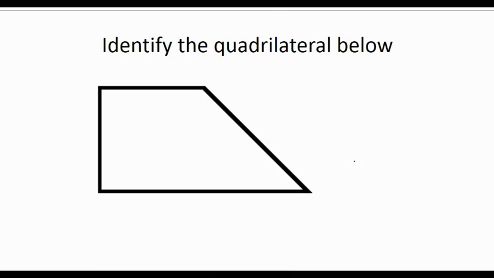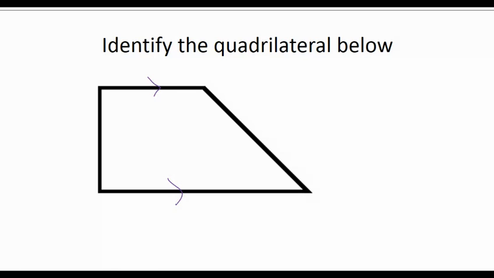All right, so let's put this knowledge to use. We're being asked to identify the quadrilateral. So what we're going to do is say every possible scenario, every possible name, and then decide which one is the most specific. When I look at this, I can see that it has 2 sides that are parallel.